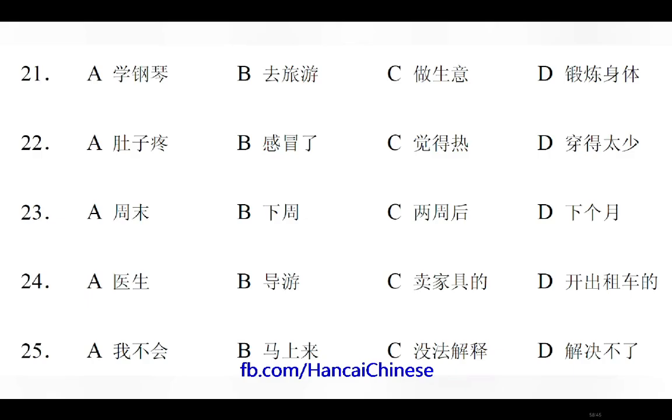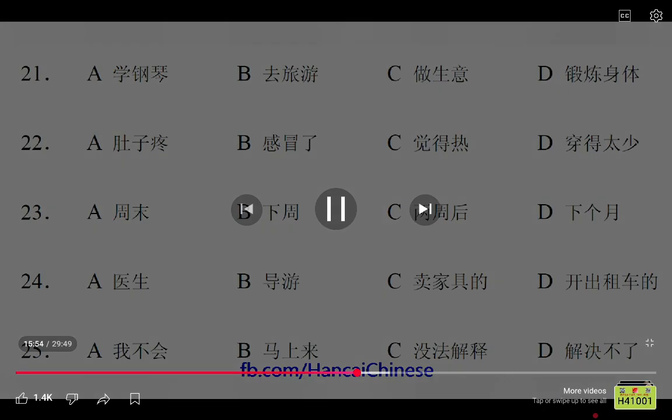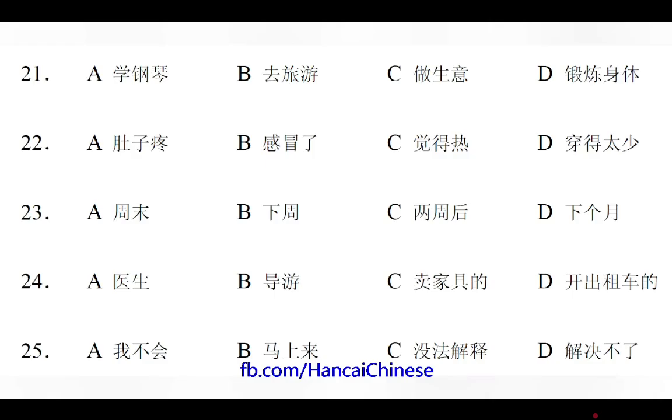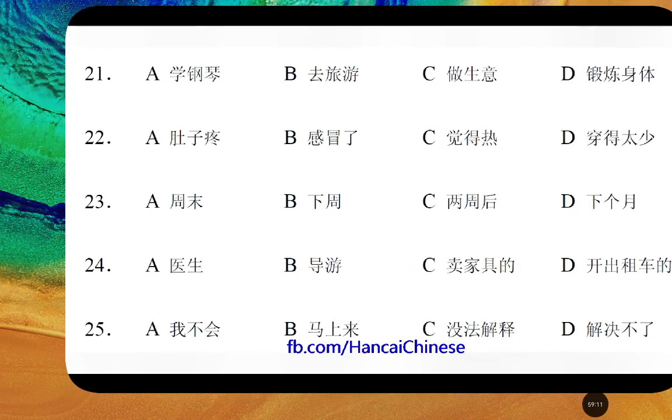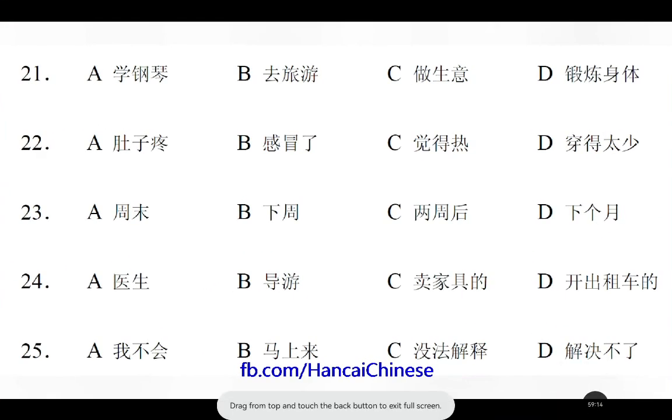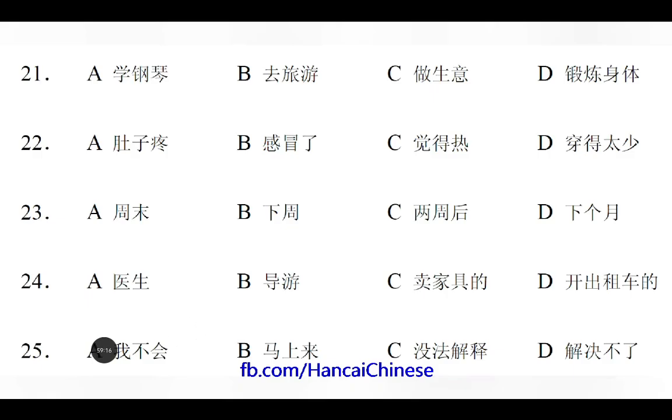25。小黄，打扰你一下，我这台电脑打不开了，你来帮我看看。好，你等我5分钟。女的是什么意思？ What does the woman mean? 我不会 Does she say anything about this?